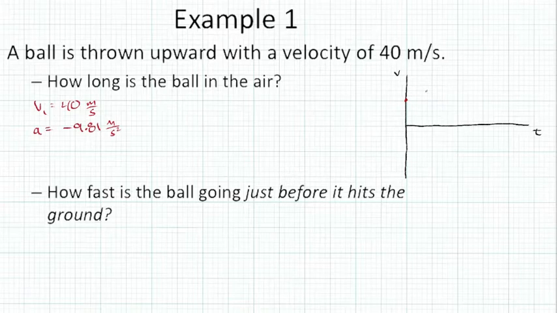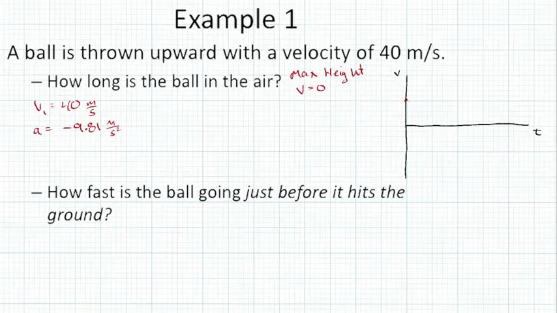And what we learned today was that at the maximum height of any object being thrown up in the air, the velocity equals 0. So at some point this thing's going to be slowed down, so it's got 0 positive velocity, and then it will get negative velocity as well. Well, to what degree does it get slowed down? It gets slowed down to the tune of negative 9.81 meters per second per second.